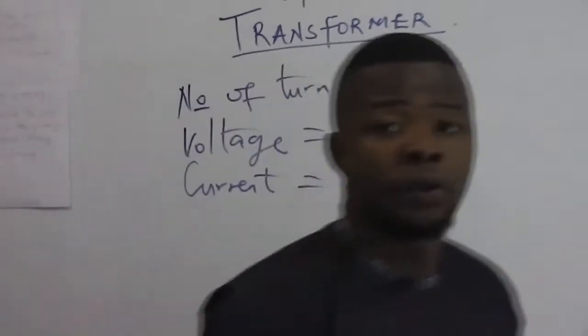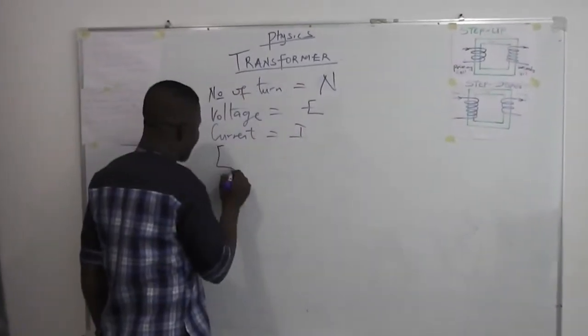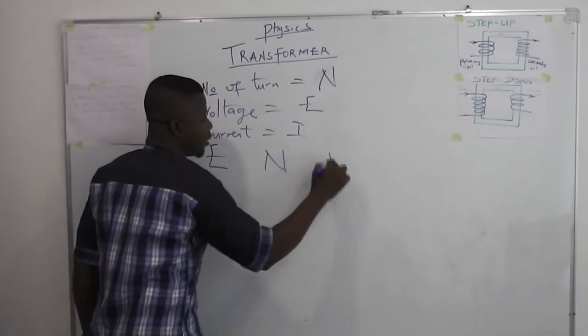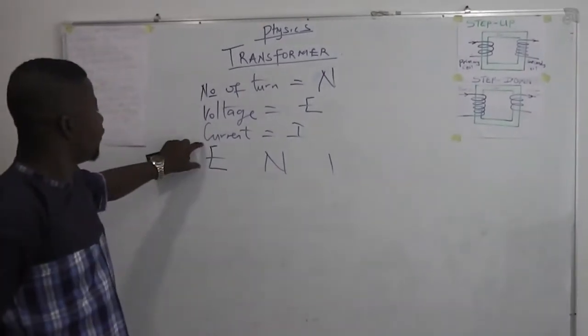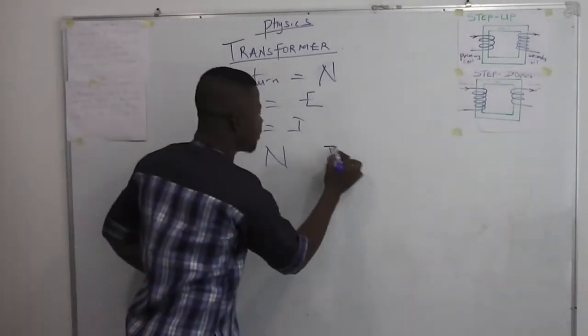In a short way, you can remember this by using what we call ENI. We have the voltage, the number of turns, and the current.